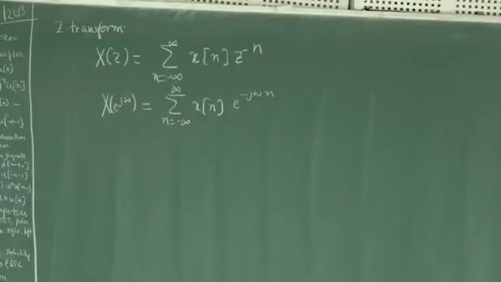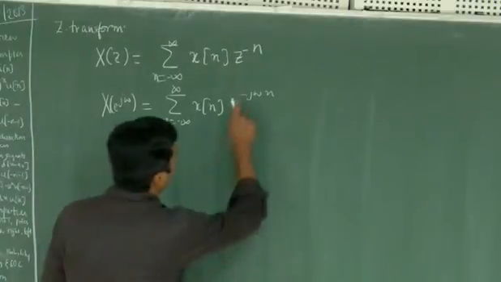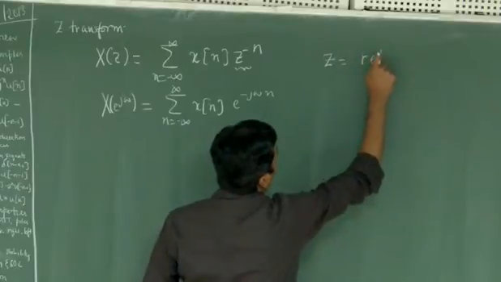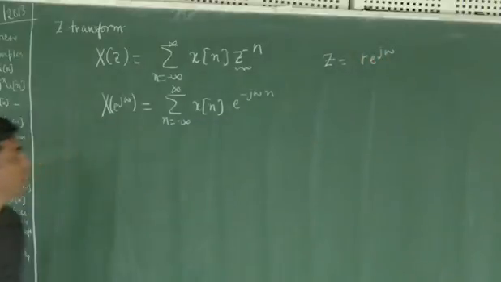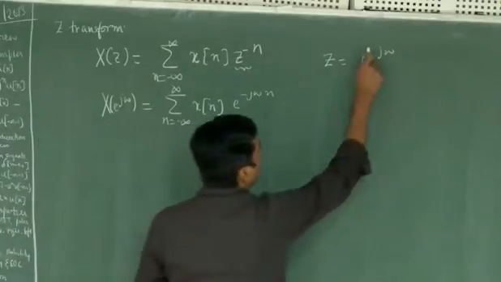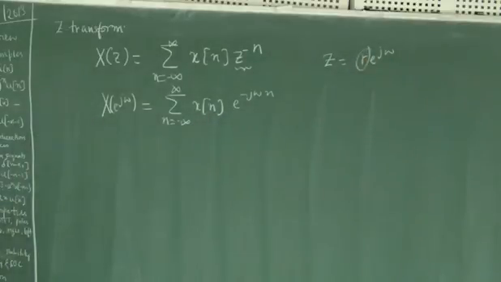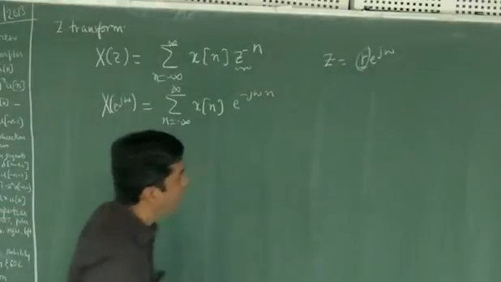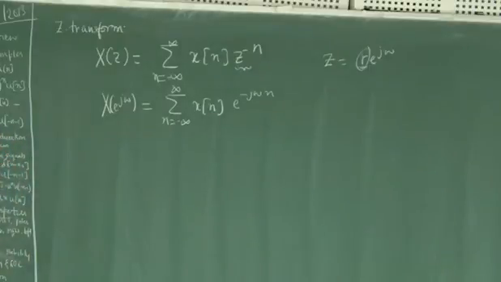And in Monday's discussion, we said that if my z is actually r e to the j omega, then this r is going to help us with sequences for which the DTFT may not exist. Depending on the value of r, we can try to find regions in the z plane where such input signals or systems are going to converge.